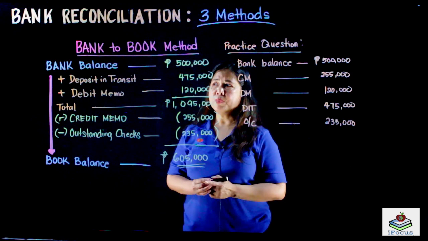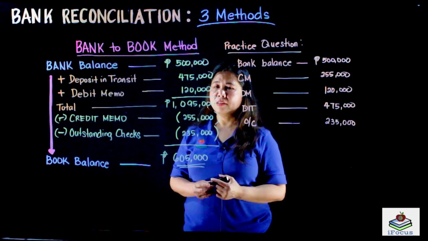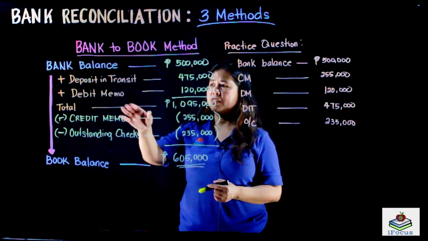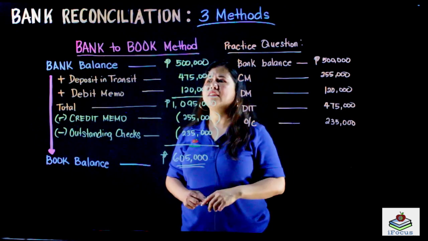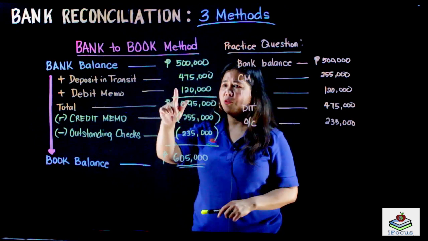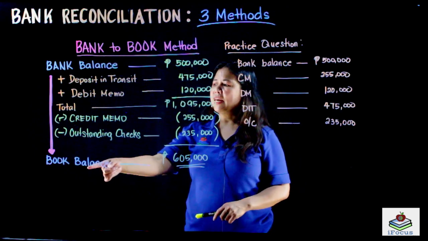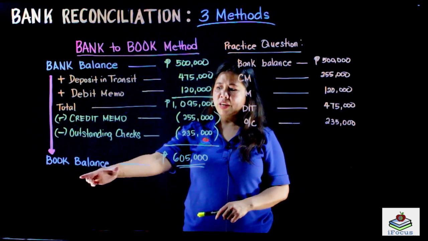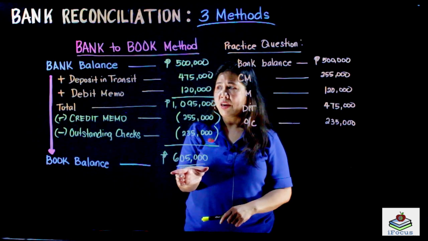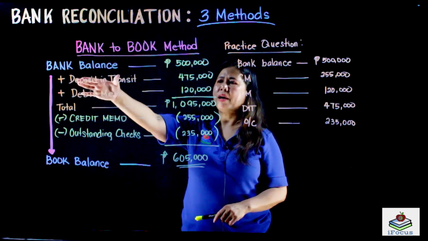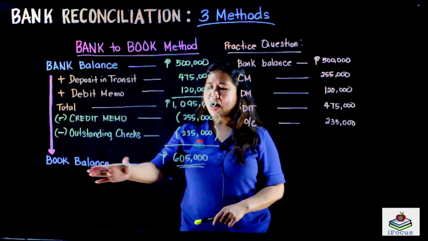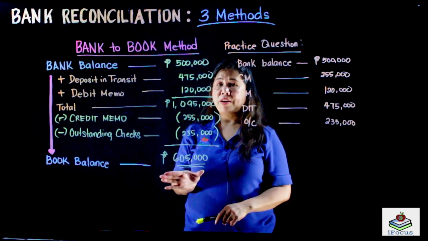So, mag-umpisa ka sa bank balance, then we will add our deposit in transit of 475,000. Ina-add natin ang deposit in transit na 475 kasi na-add na yan sa book balance. Na-record na yan sa book balance na 605. Dahil na-add na sa book balance, i-add natin sa bank balance para makita natin ang book balance na 605,000.